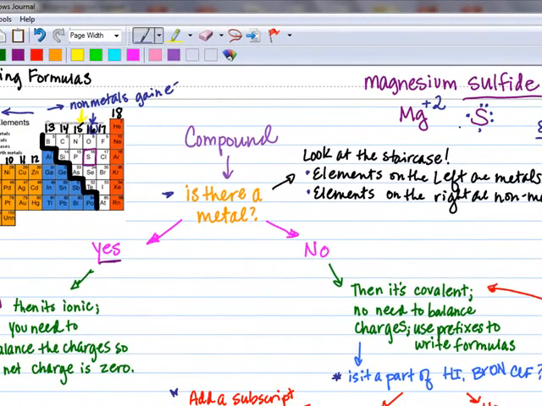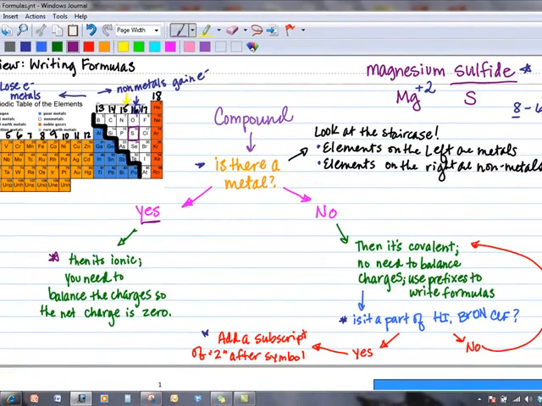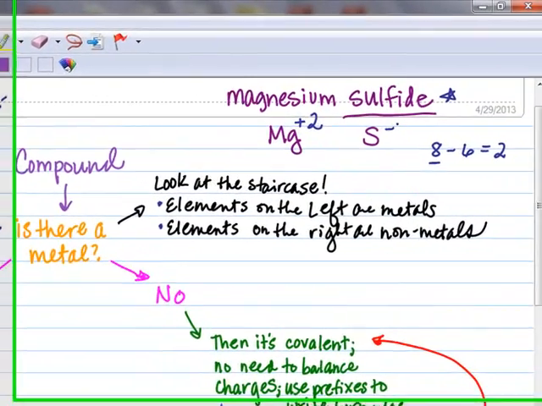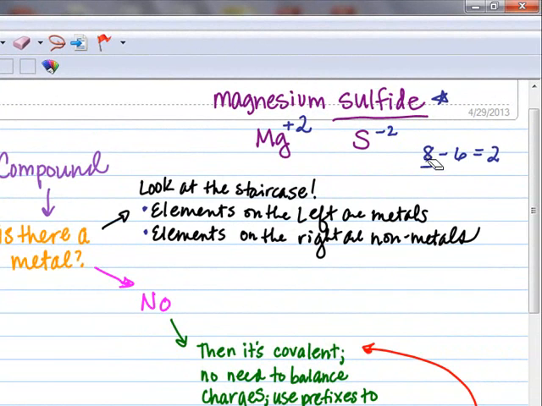So that means that sulfur needs to gain 2 more electrons in order to have 8 in its valence shell. Well, when sulfur gains those 2 electrons, its charge changes, and it becomes a -2 charge.